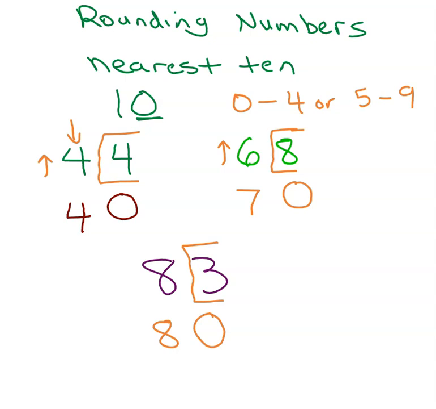Now we'll do some other examples. What if I had a 3-digit number? Let's say, for example, we have something like 458. We're going to do exactly the same thing that we did. Because we're rounding to the nearest 10, we're going to go ahead and put a line around 8.